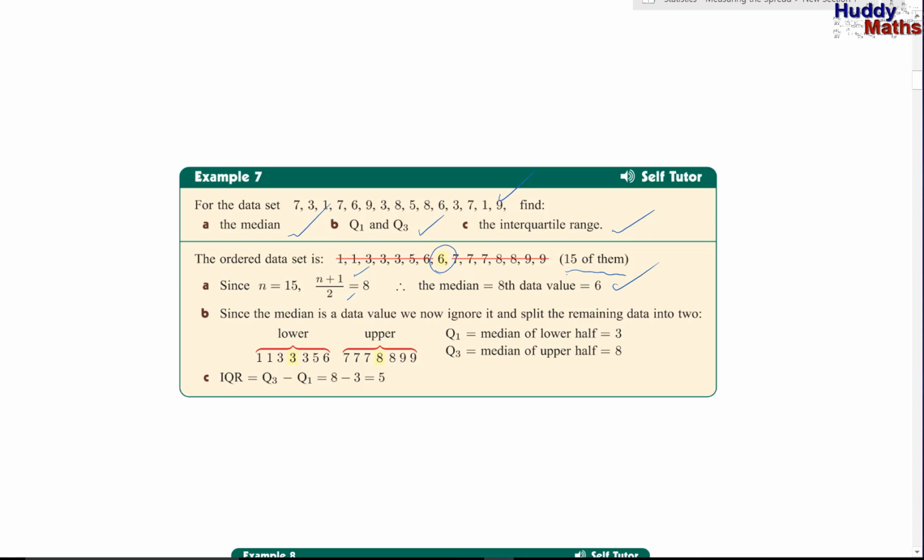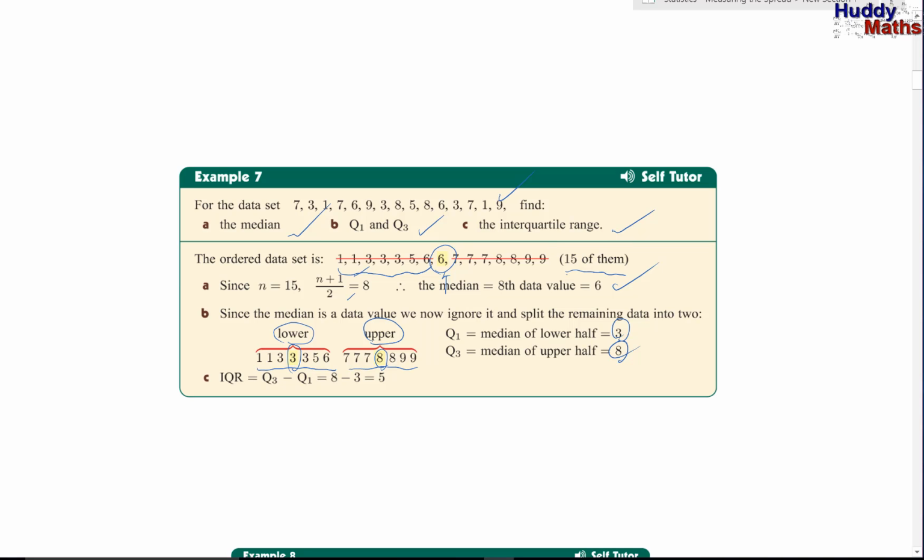Now, here's how we define the upper and lower quartiles. So we've got the median as the middle point. We now take the bottom half and find its median. So the lower half and the upper half of the data set, and we want the median of this. So there are 7 scores, so it's the fourth one, that's 3, and 7 scores above, so it's the fourth one, that's an 8.